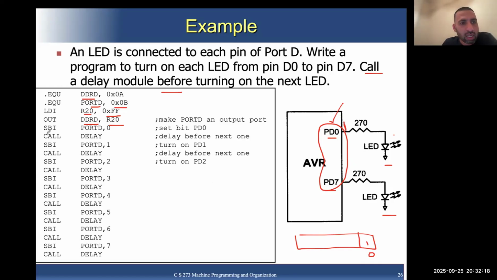We are saying set the bit at index 0 of port D, and then call delay, so we wait for some time. Then we keep doing the same thing for the other lines, setting the next bits equal to 1 in sequential order. So set the bit at index 1 of port D equal to 1, and then again delay. Then set the bit at index 2 in the port D register, and then delay, and so on.